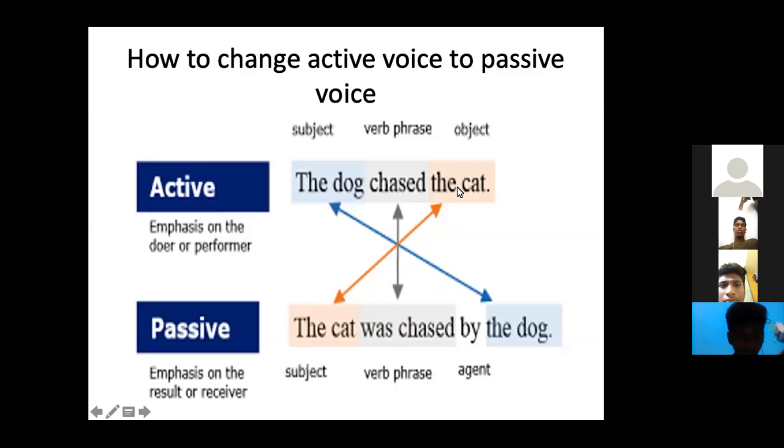The cat, that is the object, comes in the beginning, the cat, and because it is in the passive, was chased by. Who chased the cat? It was chased by the dog. Okay. So here you can see the subject, verb phrase, and the agent, right?